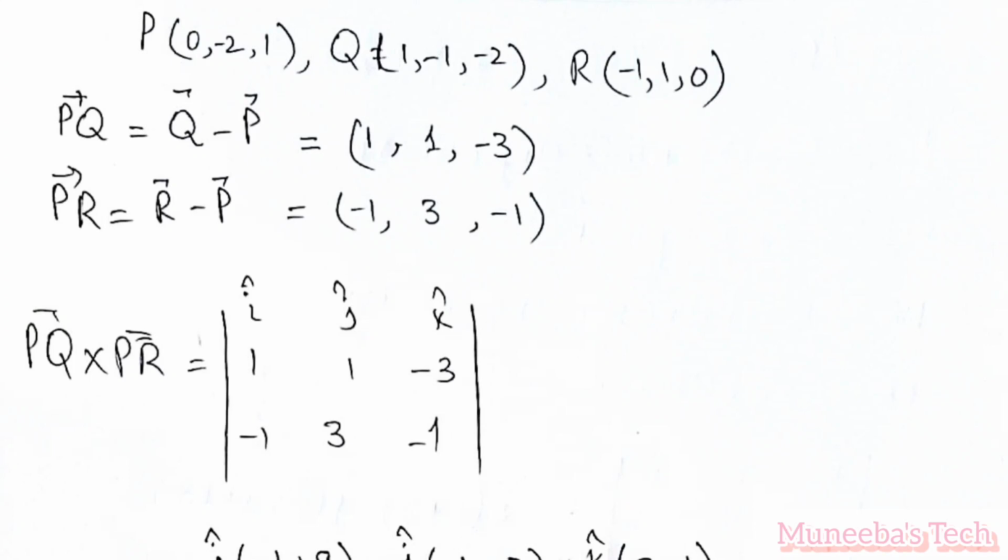We name the 3 vectors P, Q and R. We first check the projection of P upon Q, and after that P on R, that we check one by one.